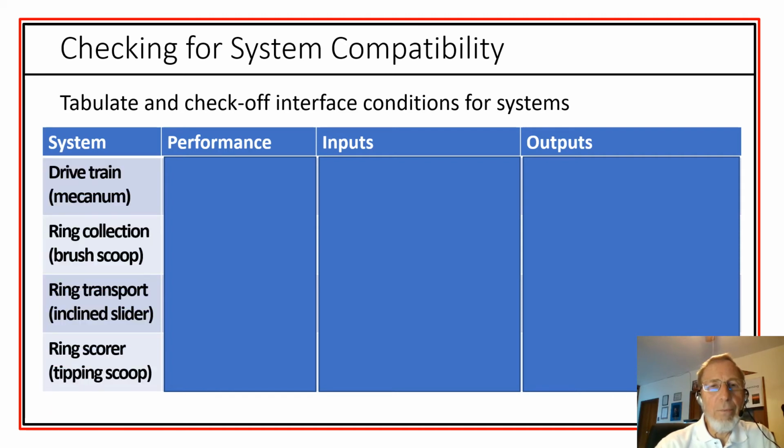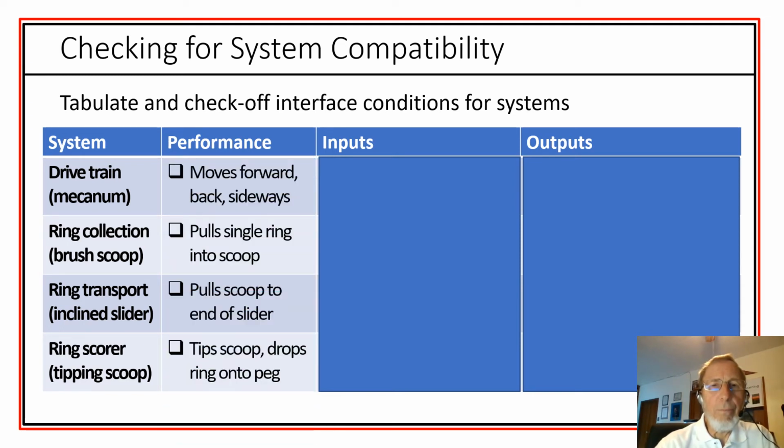So if we identify 4 systems that are being considered for this particular robot, drivetrain, a collection system, a transport system, a scoring system, we need to identify the performance.